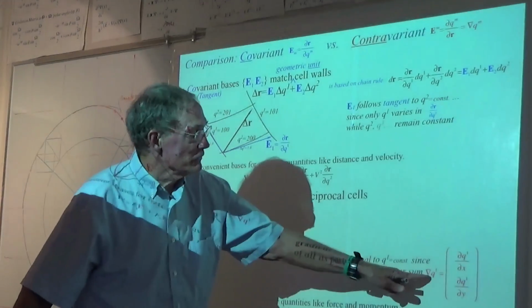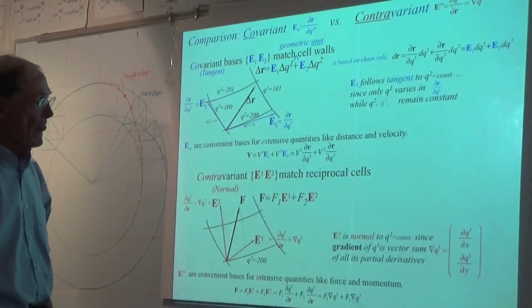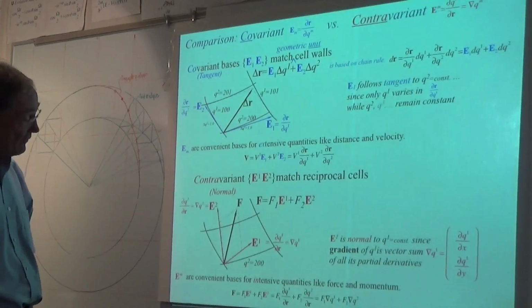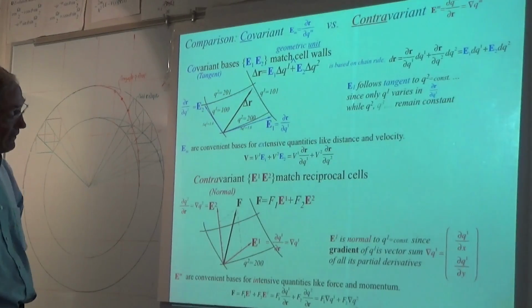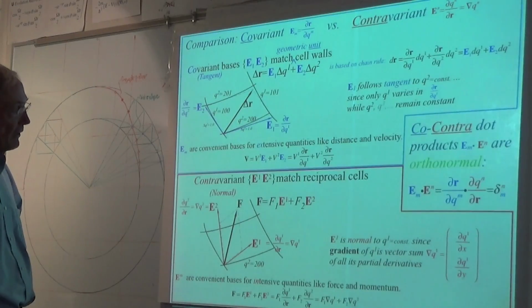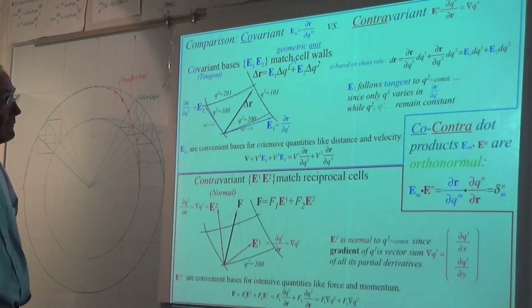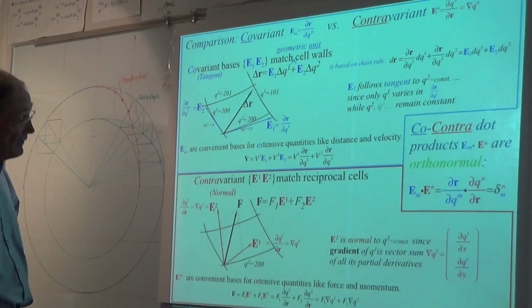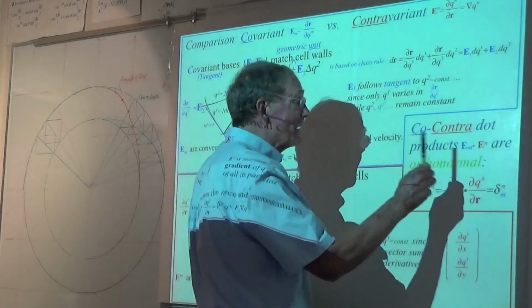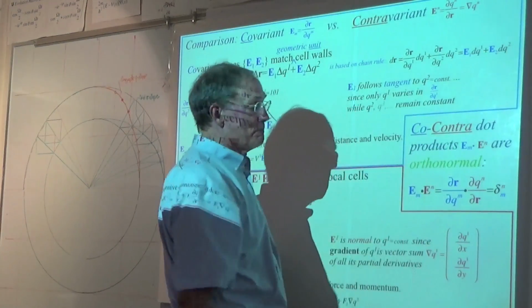The gradient of Q1: partial derivatives that give you a normal instead of a tangent. The normal space to tangent space are pretty fundamental to this development. Now, the reason for these is that the co-contra dot products are orthonormal.